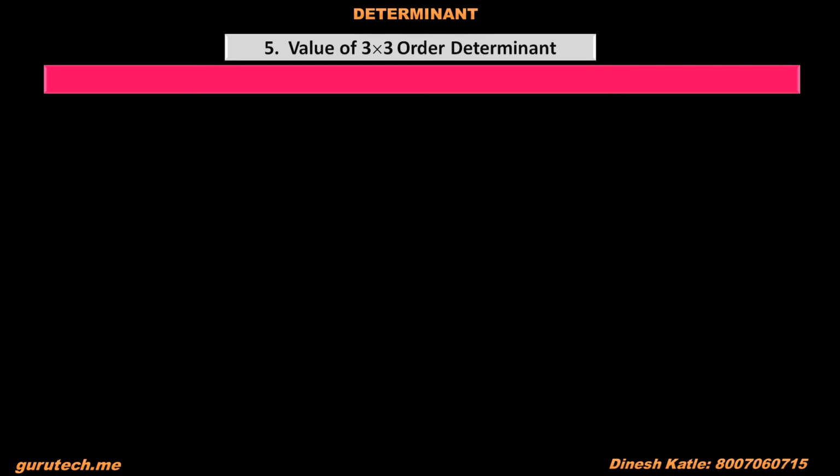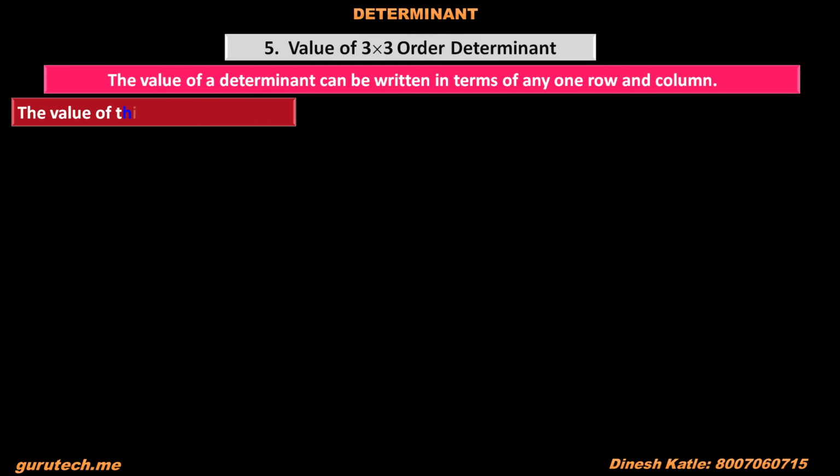Now we have to learn how to find the value of determinant of order 3. The value of a determinant can be written in terms of any one row or any one column. Here we have to find the value of this determinant in terms of first row.